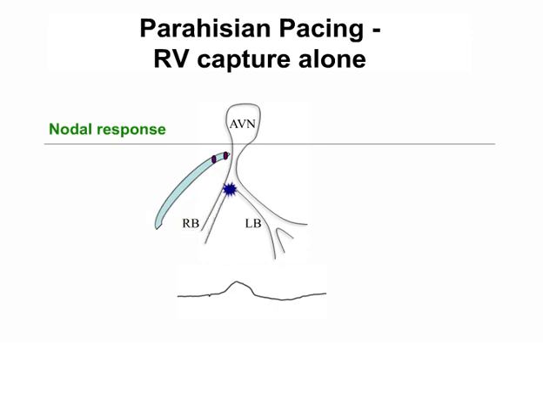And this one shows an example where when you capture the RV alone in a nodal response, you've got this long route where you have to get all the way back down to the distal His Purkinje system, where there's no longer a sleeve preventing you from getting into the His Purkinje system, near the moderator band.